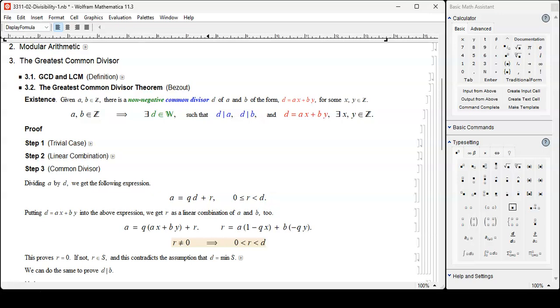And also R is A times some integer plus B times some integer, the linear combination form.